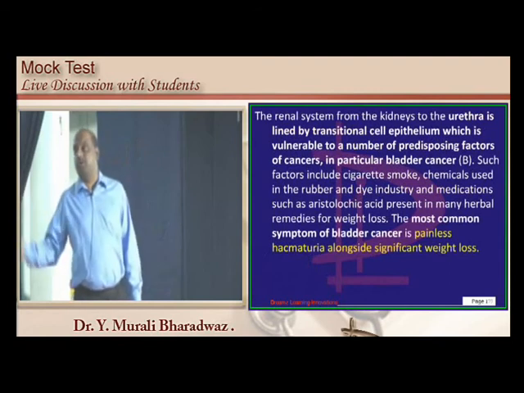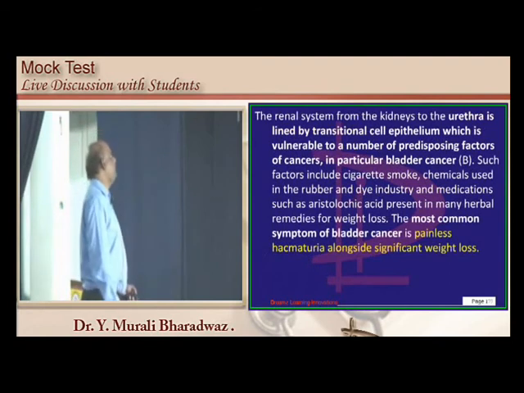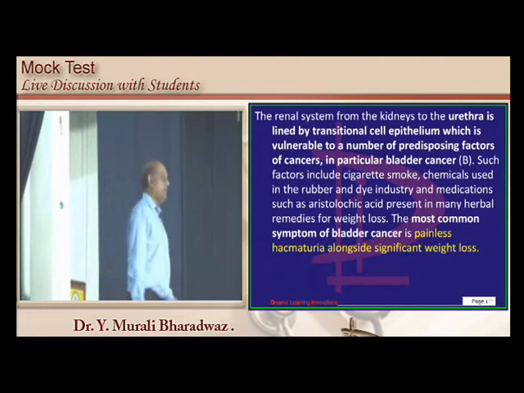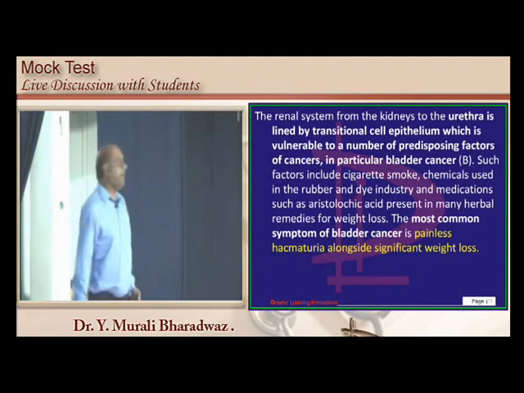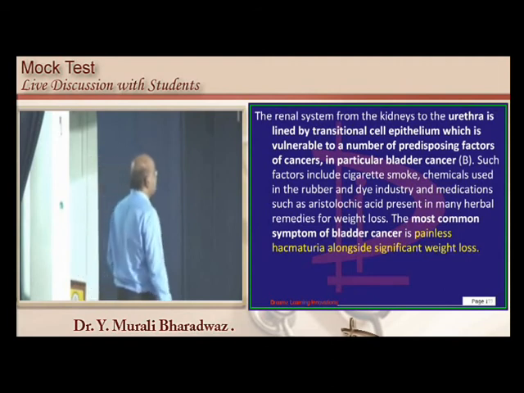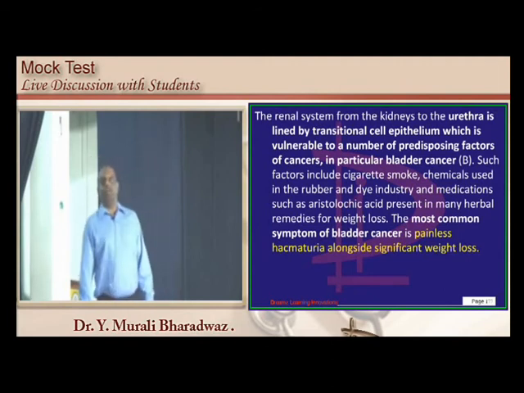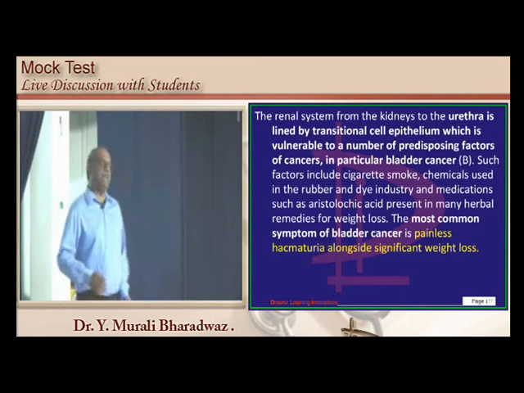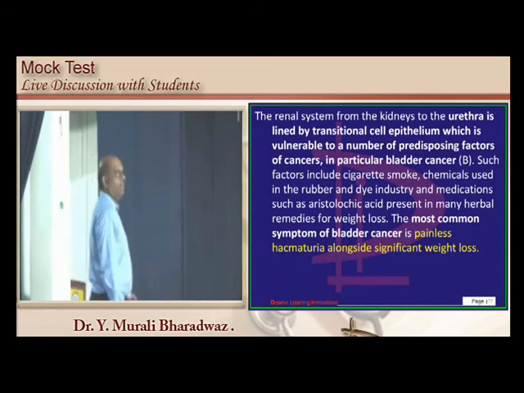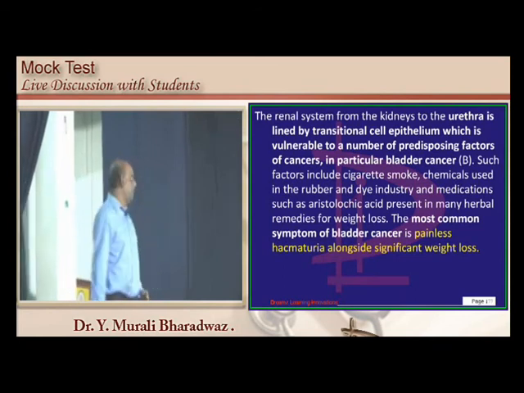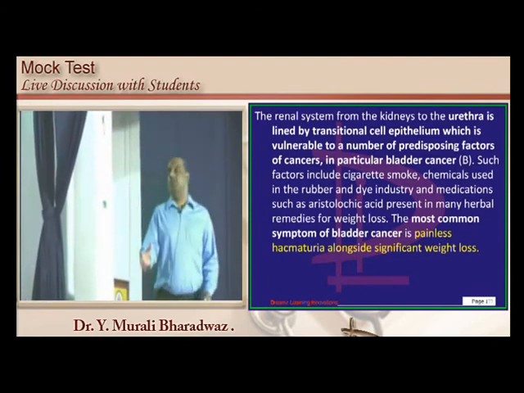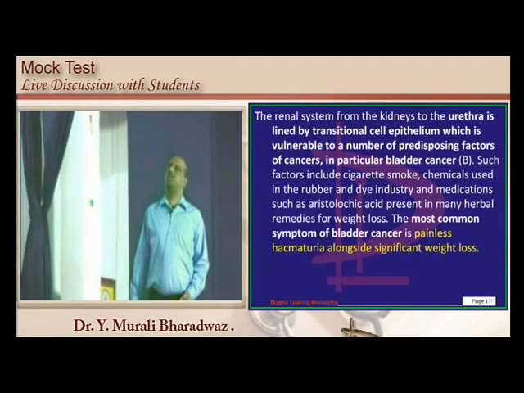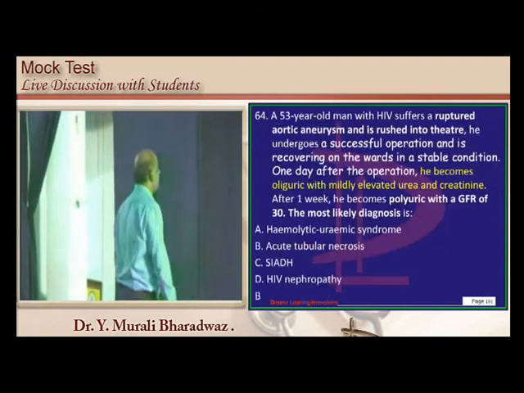In those who smoke for a long period of time, which malignancy is very common, doctor? Bladder carcinoma is very common. But why not Chinese herb nephropathy? Chinese herb nephropathy presents like end stage renal failure with hypertension, proteinuria, hematuria, and a very aggressive clinical course, which is not so in this given case.